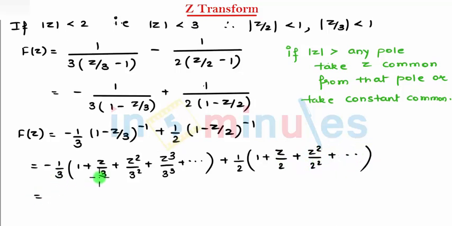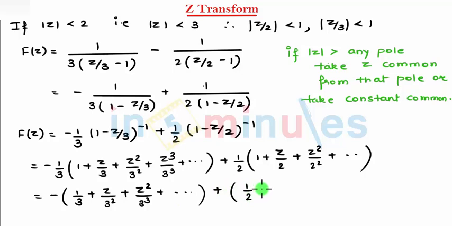Now let's multiply the 1 by 3 inside. I can write minus of 1 by 3 plus z upon 3 square plus z square upon 3 cube plus dot dot dot, plus 1 by 2 plus z upon 2 square plus z square upon 2 cube plus dot dot dot.